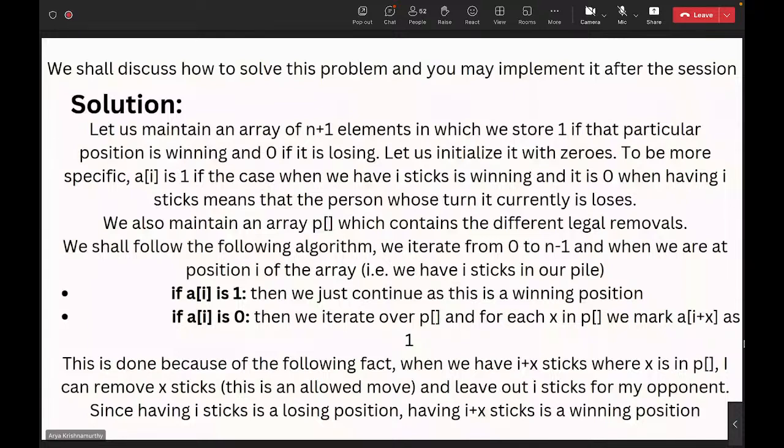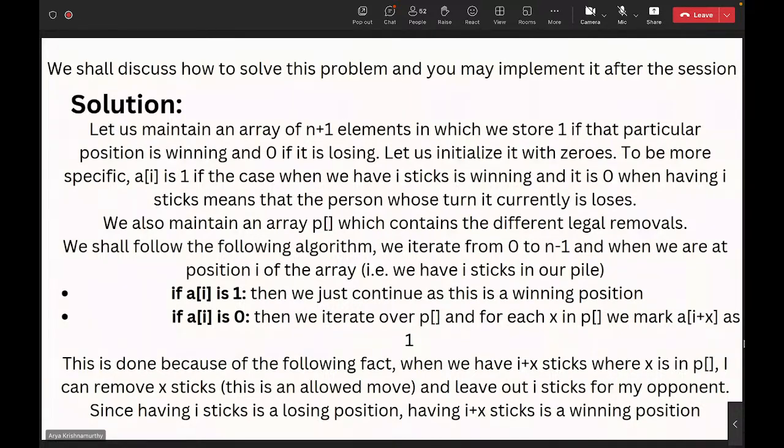The reason is, when we have I plus x sticks, and x is in the array P, the person whose turn it currently is can remove x sticks, which is an allowed move as it is in P, and leave I sticks for his opponent.